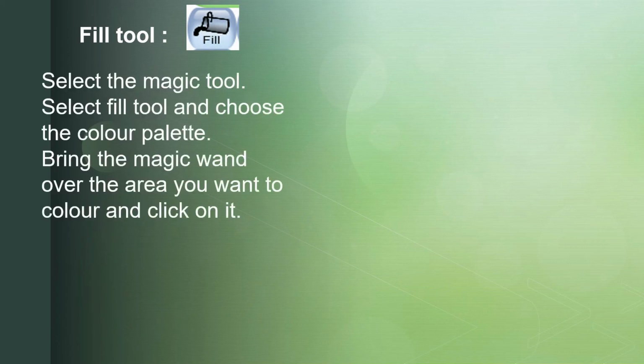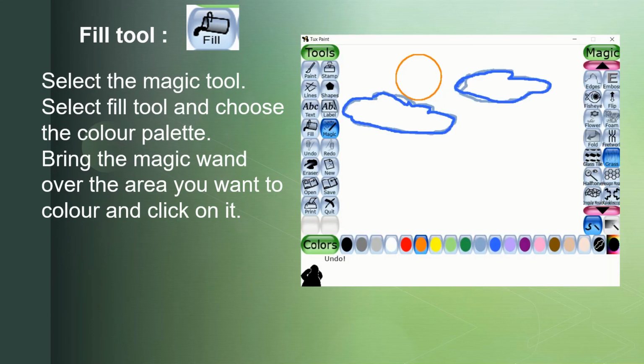Fill tool. This is one of the options we have seen in MS Paint also. Students, do you remember? We filled the color with the help of the fill tool, that is the bucket in MS Paint. In Tux Paint, we choose the fill tool from the tools.